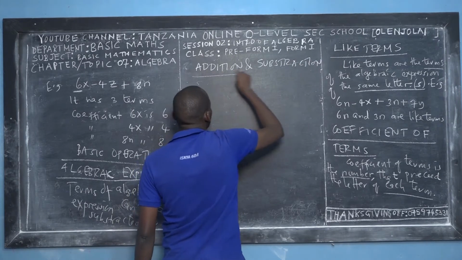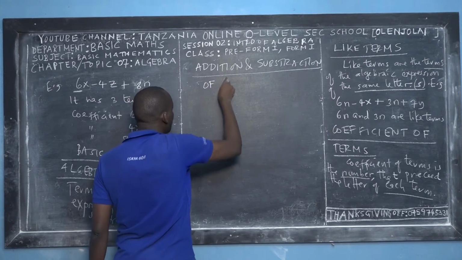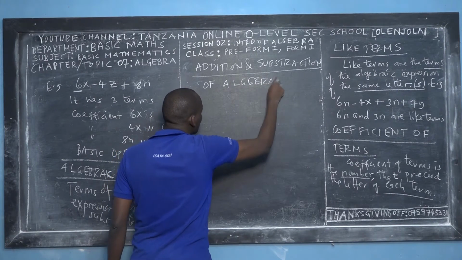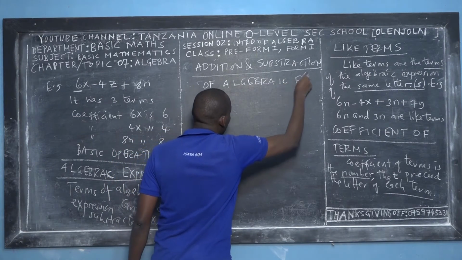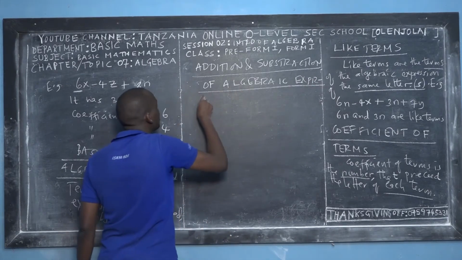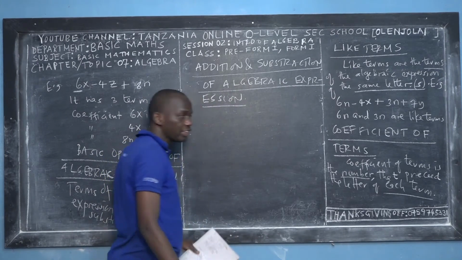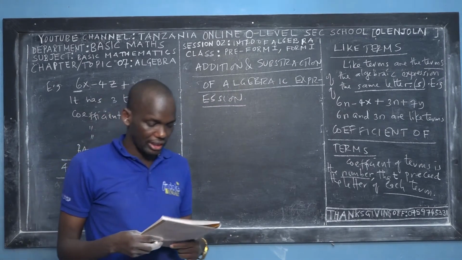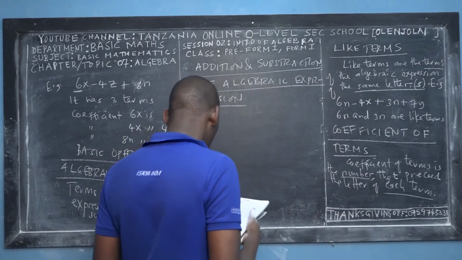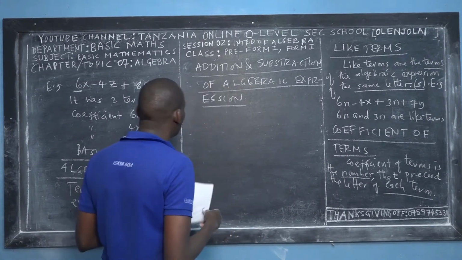Terms of algebraic expressions can be added or subtracted, and if the terms are like terms, then we can simplify them.